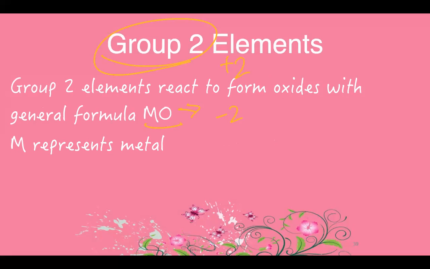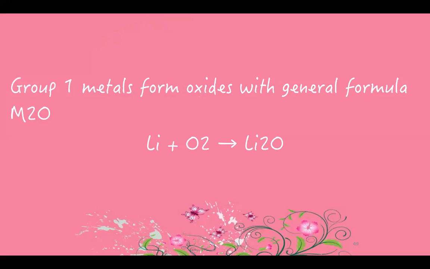Oxygen has a charge of -2, so they're formed in a 1-to-1 ratio, which is why the formula is MO. Group 1, on the other hand, group 1 metals have a charge of +1, so the formula should be M2O. Sorry, I don't think the font can do subscripts, but you're going to need 2 times the group 1 metal to balance with the -2 charge of oxygen.